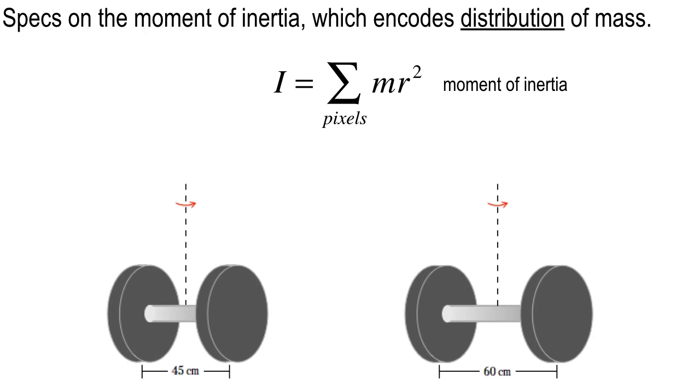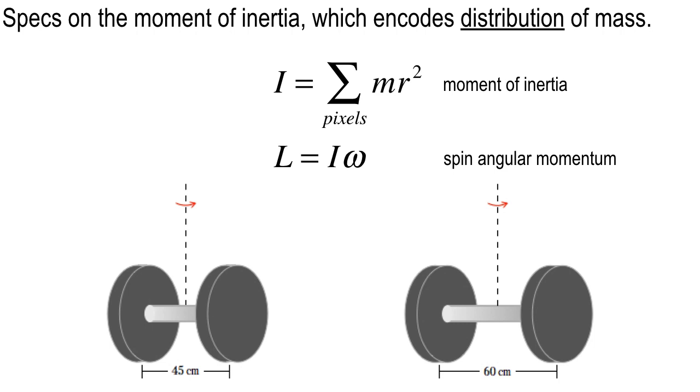So for this one the r would be 30 centimeters, and for this other barbell, it would be about 22.5 centimeters. So m r squared would be different, even though the two barbells have the same weight and the same mass. You add all those up together, and then you calculate the spin angular momentum.